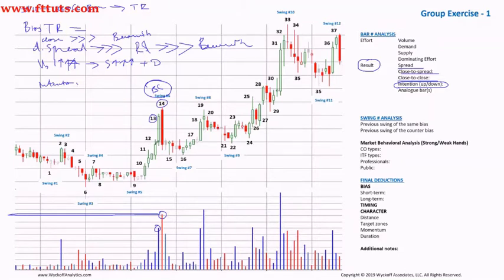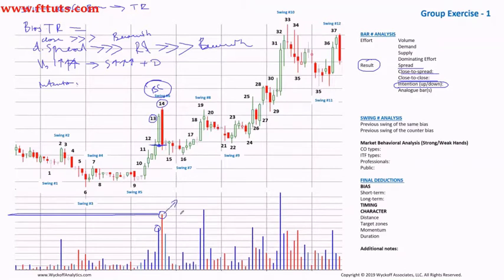Yeah, and I like that too. Bar number 12 close makes a lot of sense to me, but also the low of the previous significant bar right here at 13. They are almost on the same level. So that was the intention. It was to commit below.